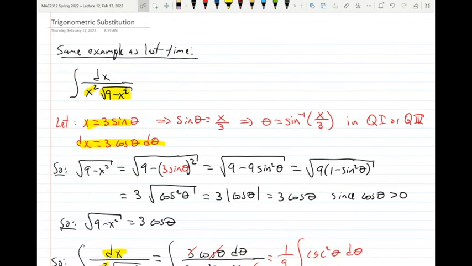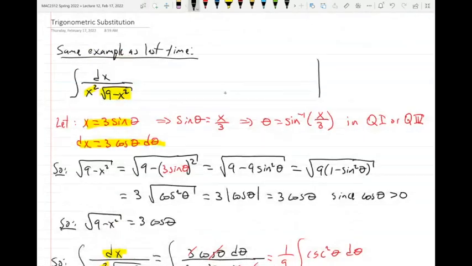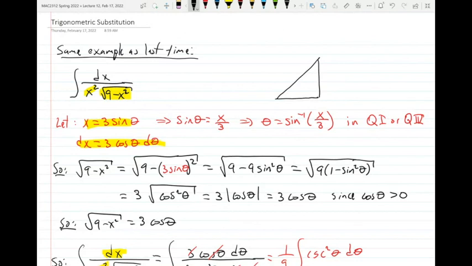Okay? And remember, sine is opposite over hypotenuse. So that means, actually, I'm going to do it up here. So notice, remember, even though you're going to look at this triangle above, when you look at the notes, remember this triangle was drawn last using this idea. Okay? If theta is here and sine is x over 3, that means this is an x and this is a 3. Right? Using Pythagorean theorem, this side will be the square root of 9 minus x squared.